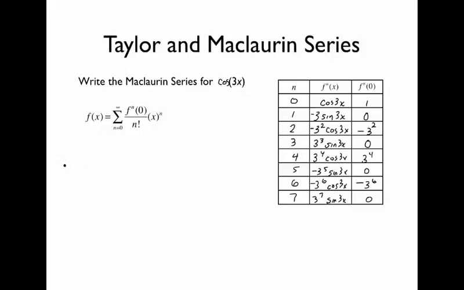Okay, so then cosine of 3x equals? It's going to be 1 over, so when n equals 0, our derivative is 1. It's going to be 1 over 1, x to the 0, so you're going to have 1. And then it's going to be plus 0, because for n equals 1, the derivative is 0.